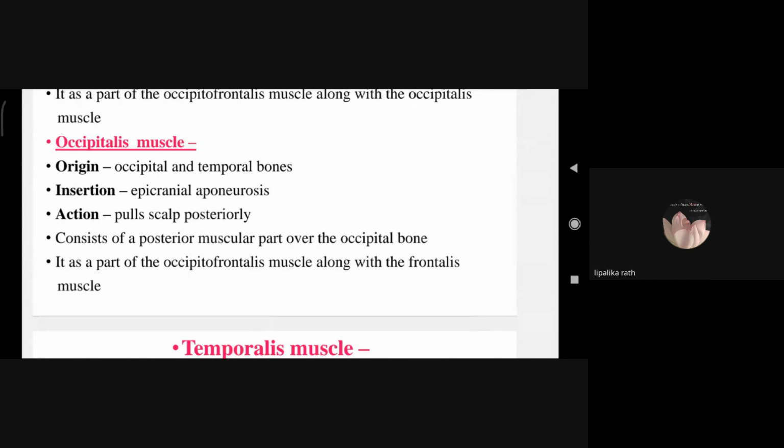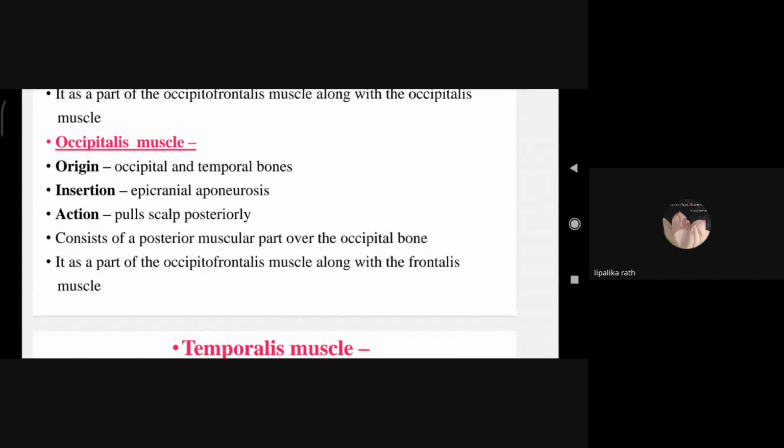So, I think you got the concept and you are trying well. It is at the back side of the head and at the bottom. So at the bottom of the back side of the head, the occipital bone is present, and that portion is also known as the occipital region. So occipitalis muscle is also present there.